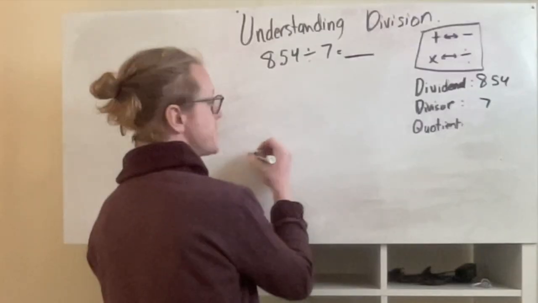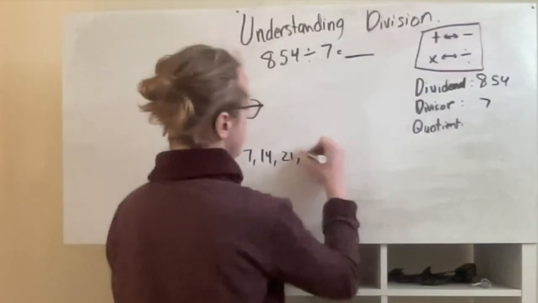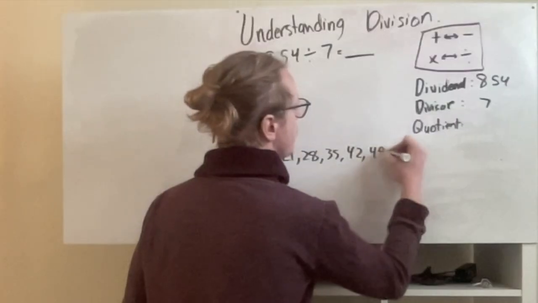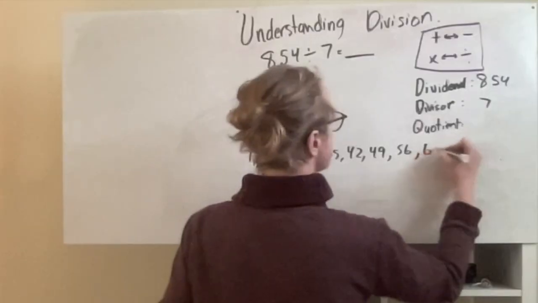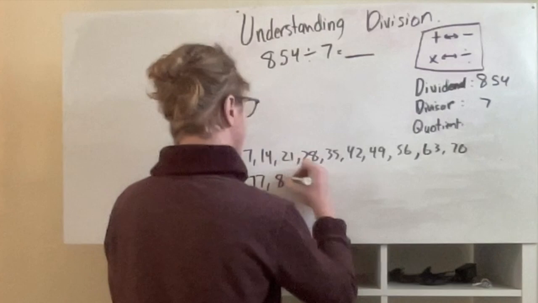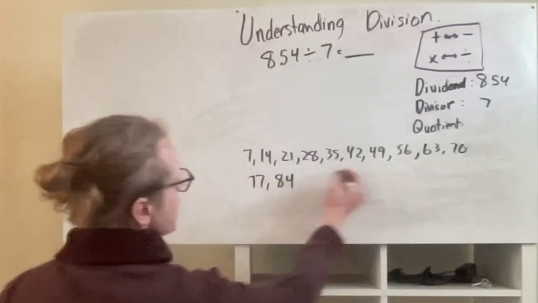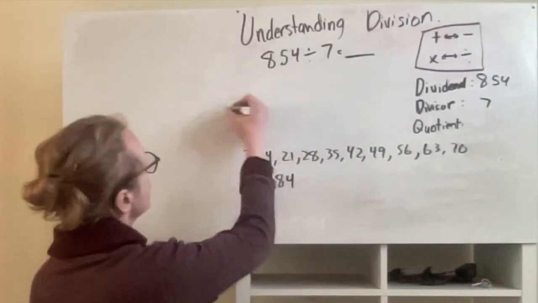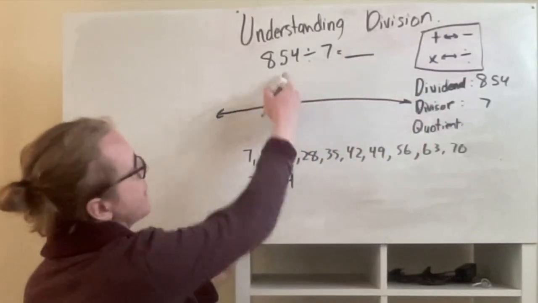So, like I said, we're dealing with our 7 times tables. 7, 14, 21, 28, 35, 42, 49, 56, 63, 70, 77, and 84. Okay. So take a second, look at these times tables, and think about which one of these could be helpful to us. Remember, we're going to basically multiply up to 854.